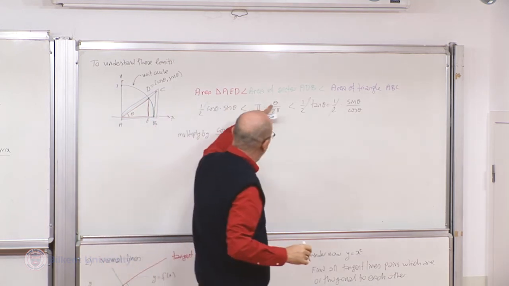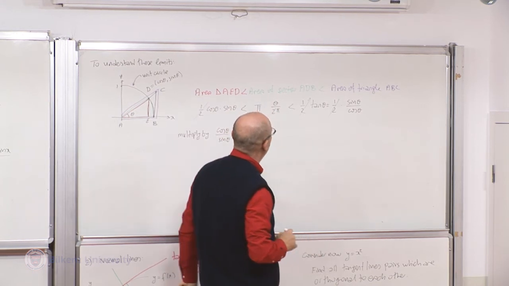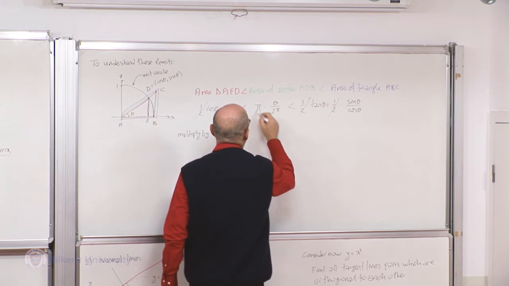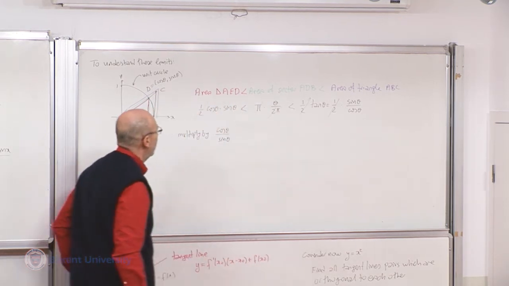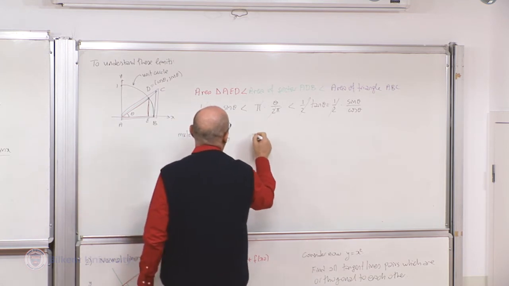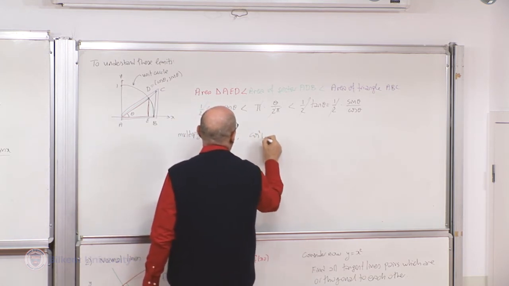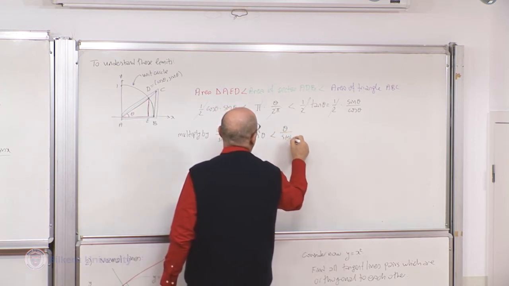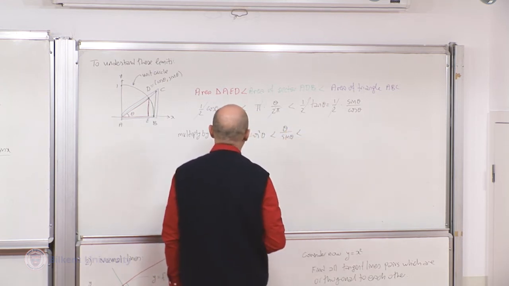Why? Because I'm trying to get theta over sine theta or sine theta over theta. So these pi's are also canceling. Here I have multiplied this by this. I have cosine squared theta less than theta over sine theta, and that's less than, what? 1, right?